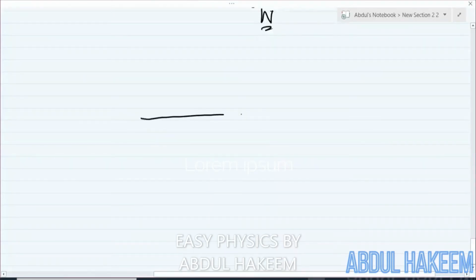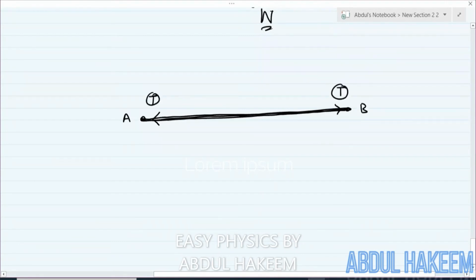Same example. Suppose this is the rope and it is pulled by two persons in the opposite direction. Both are exerting the same force, same tension.